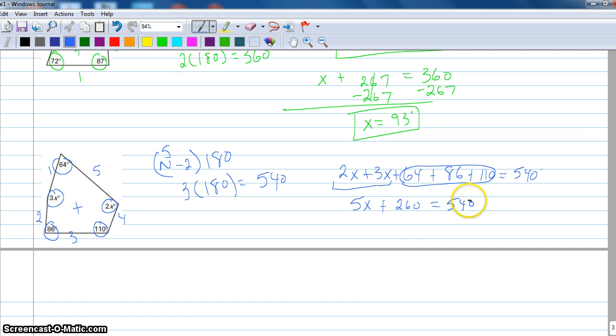How do you get rid of a positive 260? Subtract. 5x equals 280. Then we divide by 5, that cancels, divide by 5, and you get x is equal to 56 degrees. There you go.